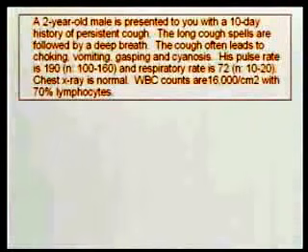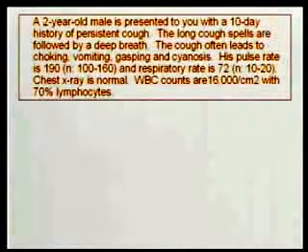A 2-year-old male is presented to you with a 10-day history of persistent cough. The long cough spells are followed by a deep breath, and that's what is called whoop. The cough often leads to choking, vomiting, gasping, and cyanosis.